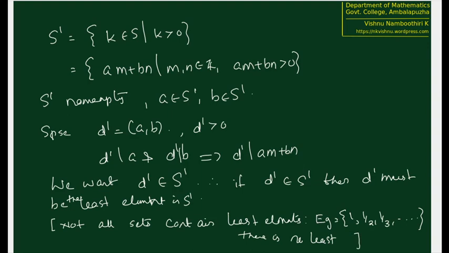What we are saying is, if the GCD has to be in S prime, it must be the least element, because the GCD always divides every element in S prime. But what is the guarantee that a least element exists in S prime? One very important observation that we have made previously is known as the well-ordering principle.